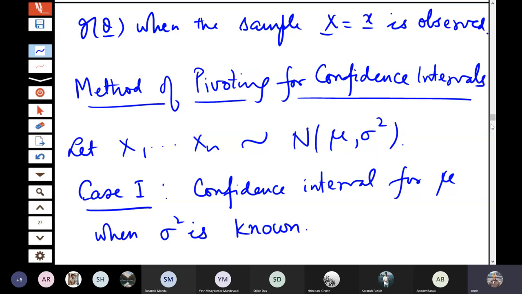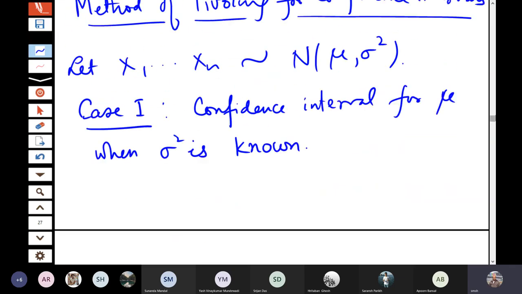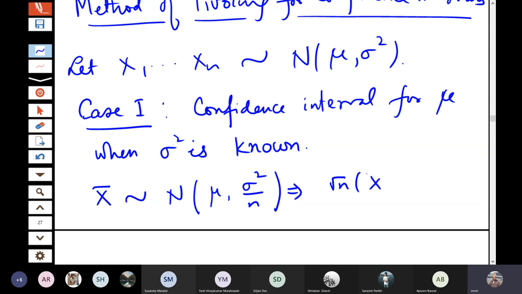Okay. So let us consider X bar. Now in the sampling distribution we have derived this: X bar follows normal(mu, sigma square by n). So this means that if I consider square root n (X bar minus mu) by sigma, that follows normal(0, 1).